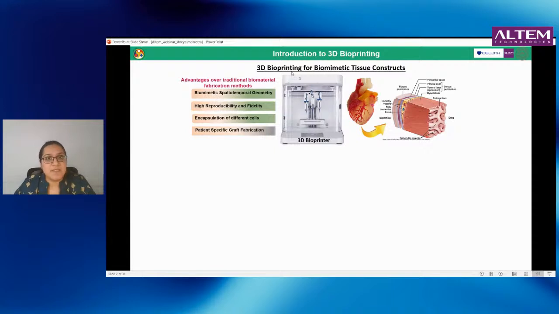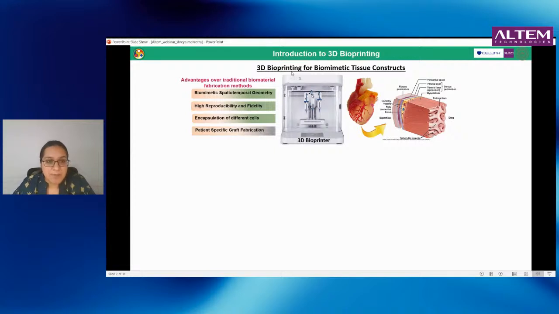These techniques have high reproducibility, high feasibility, and we can develop multi-lineage tissues where different kinds of cells can be encapsulated within the different spatiotemporal geometry. It also forms the basis of patient-specific graft fabrication.